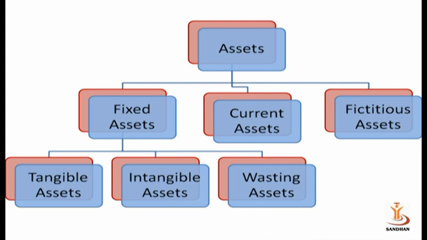They are shown in balance sheet, and year by year when they are written off, they will not remain in balance sheet. The examples of fictitious assets: issue of shares or debentures at discount, preliminary expenses, huge research and development expenses, underwriting commission, etc.